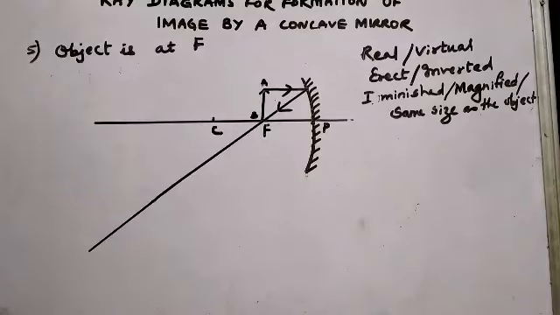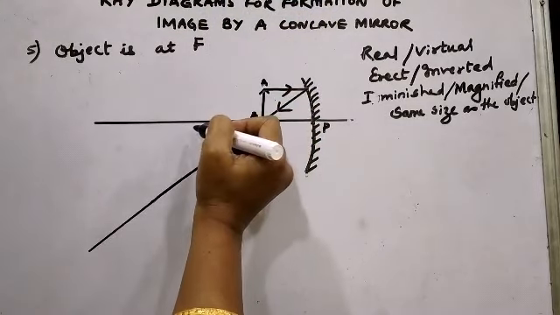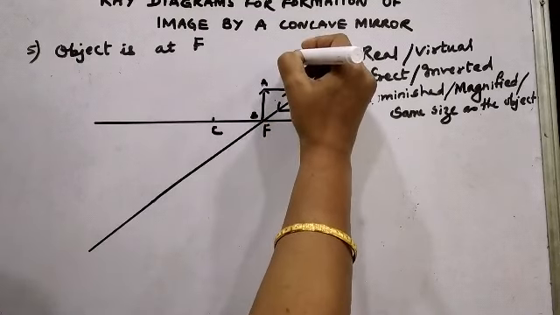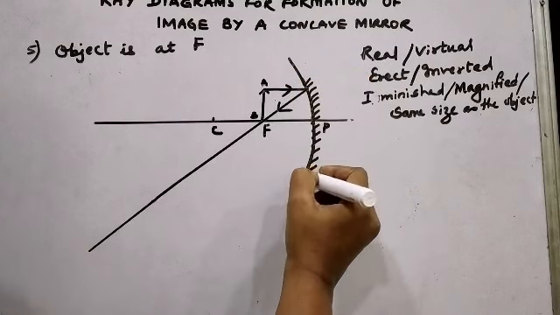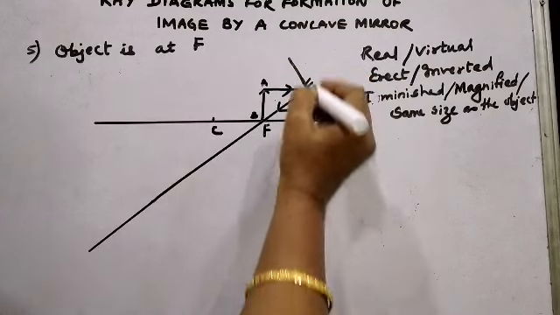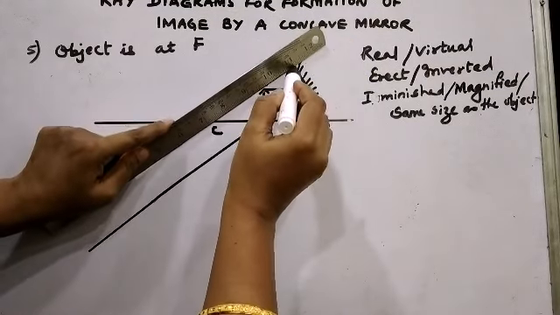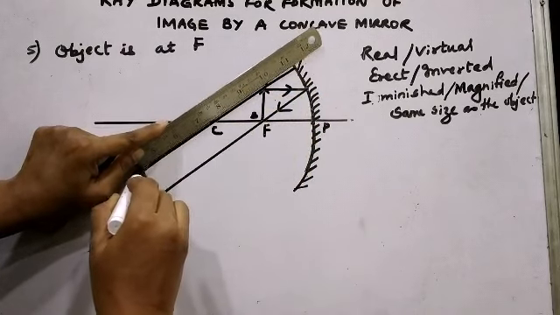This way. And I'll take the third rule, that if the incident ray passes through the center of curvature, then the reflected ray will trace back the same path. That means my mirror has to be a little bigger. Okay. So now the incident ray passes through the center of curvature.